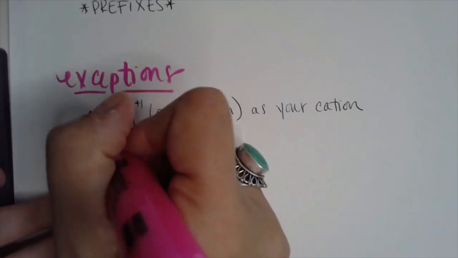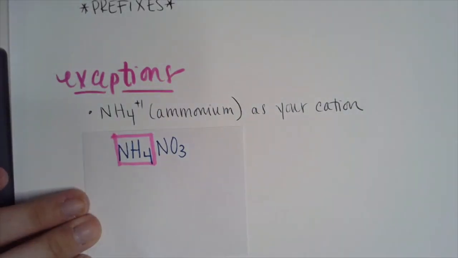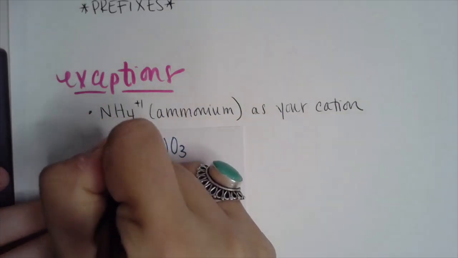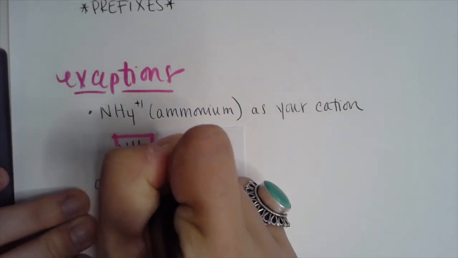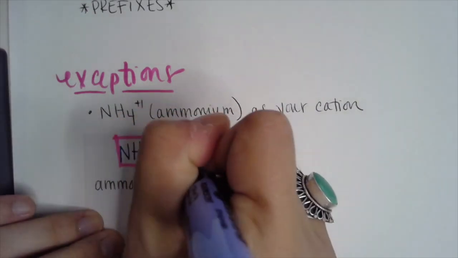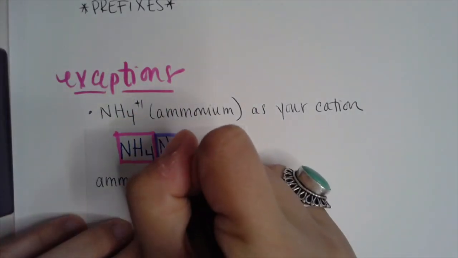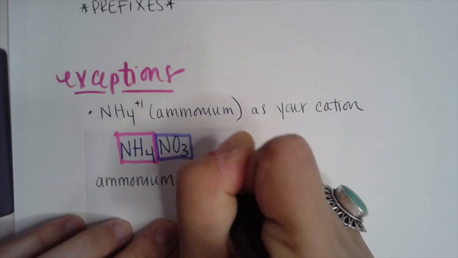So here's an example. In this case, I have NH4. You always just want to identify that, which is ammonium. And then you also have that second polyatomic ion. So you would then name that guy there. So the name of this compound is ammonium nitrate.